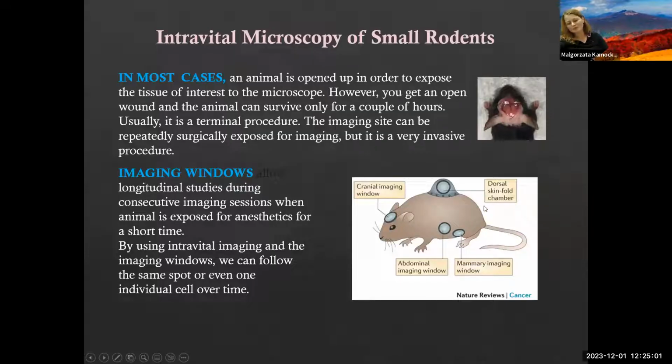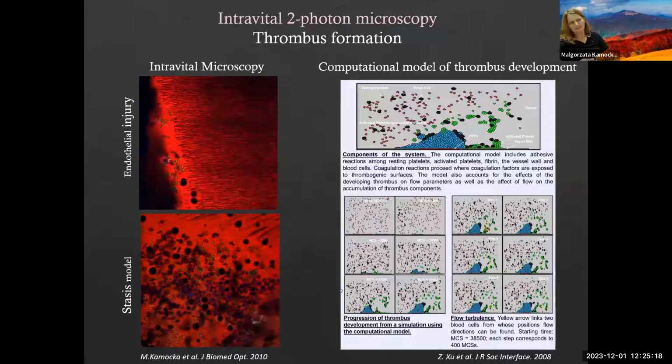We place it over the liver, over the pancreas, and over the kidney. So you can anesthetize the animal, position it on the stage, image the organ, and then come back to that same animal over time. And here are some examples of intravital imaging.